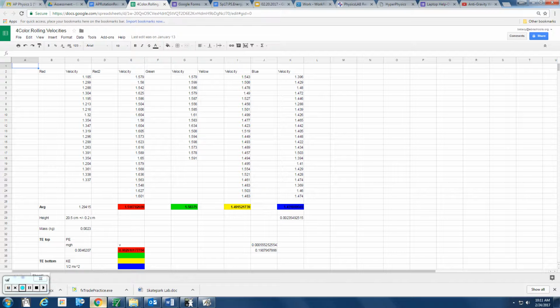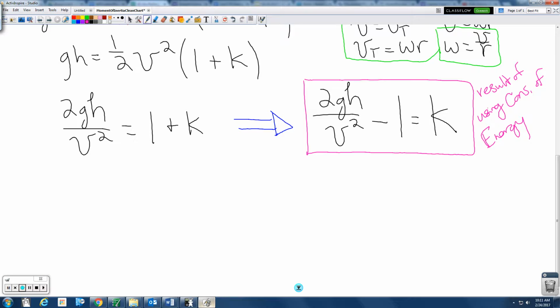So 1.591 is going to be my v. That's my measured value v. It's an average based on multiple trials. How many trials did I do? How was I collecting this data? I used the statistics function to find the mean. So 1.591 meters per second. I made sure that it was in the right units.